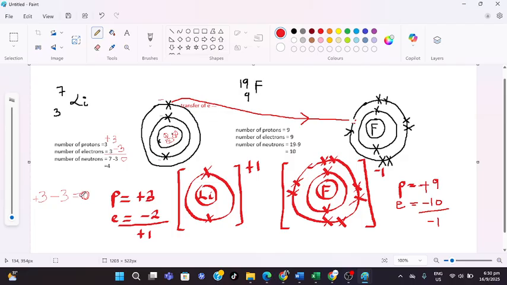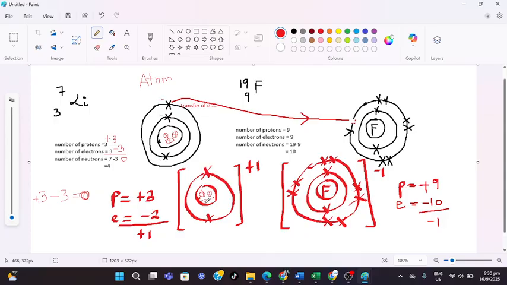Got that? So now this is called an atom, and they're neutral. Now within the center of the lithium, it still has 3 positive charges: 1, 2, 3.